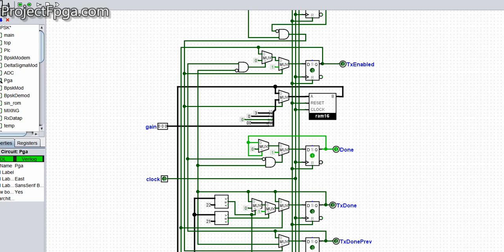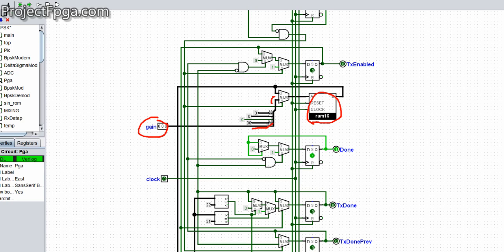So this is the gain. The gain is what you want to transmit here. This is the RAM that stores it. So it goes in through here, passes through this multiplexer, and gets latched within this RAM 16.